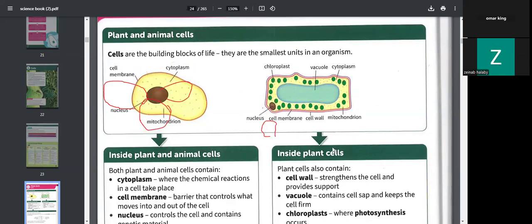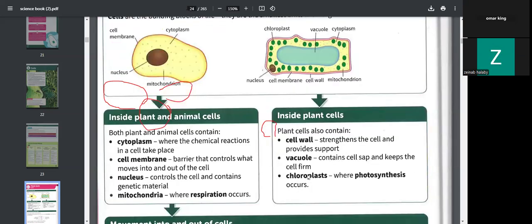But inside the plant cell, we have three structures that the animal cell doesn't have. Number one, the cell wall, which gives the cell its shape. Number two, the vacuole, which contains the cell sap and keeps the cell firm.